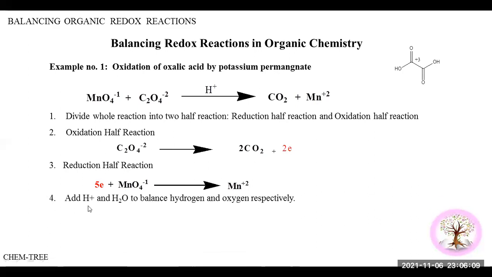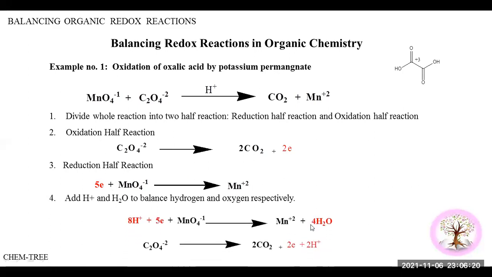You can add H plus and H2O to balance hydrogen and oxygen respectively. So here you have 4 oxygen, so you write 4H2O here, and then you have to add 8H plus because there are 8 hydrogen. So these are the two equations.